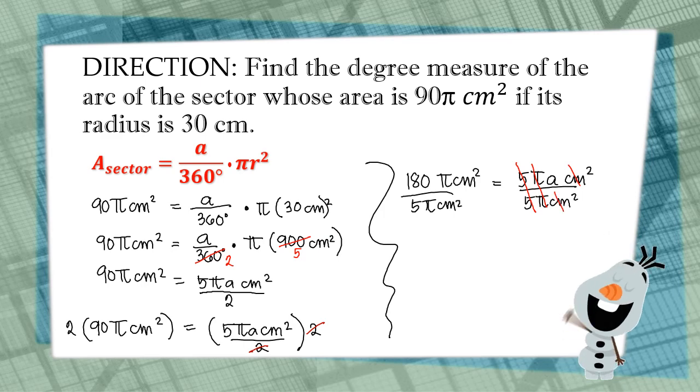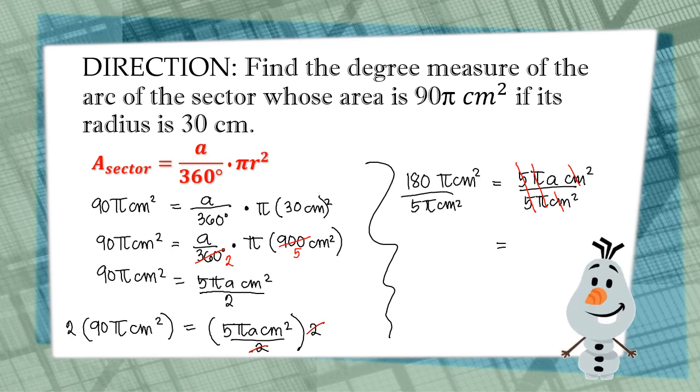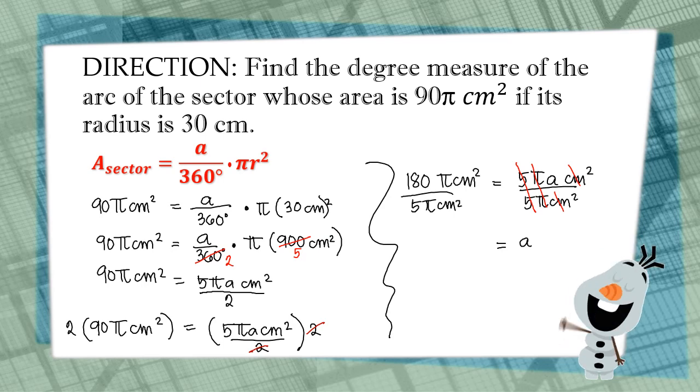Okay, so that means the remaining term at the right side of our equation is letter A, and at the left side of our equation, we can cancel this out as well. Centimeters divided by centimeters, it will be 1, or no need to write.